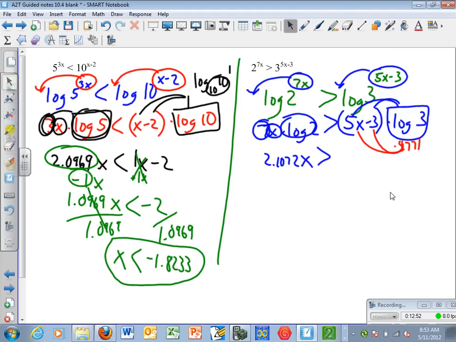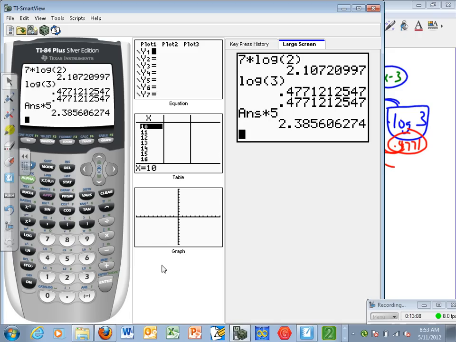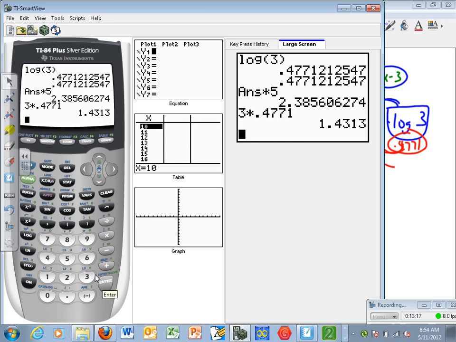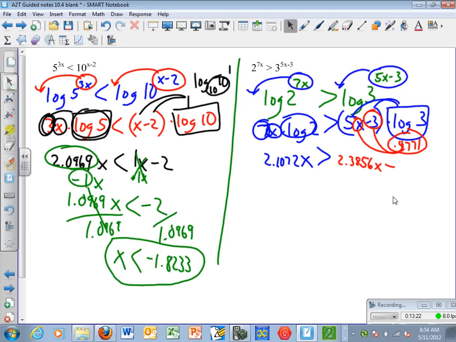So we get 2.3856x, because I'm distributing, and then minus, I have to take 3 times the 0.4771. If we do that on our calculator, 3 times 0.4771 is about 1.4313, so minus 1.4313.